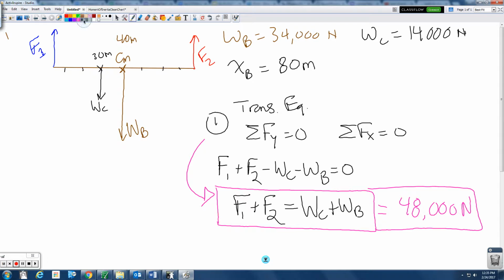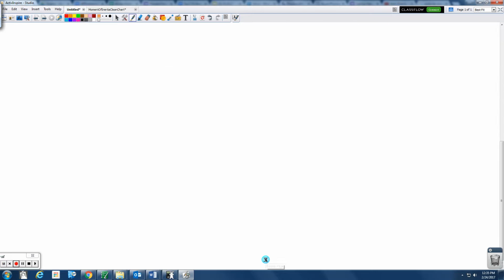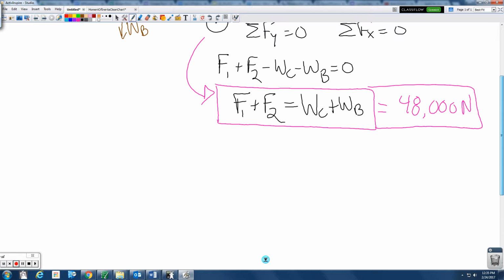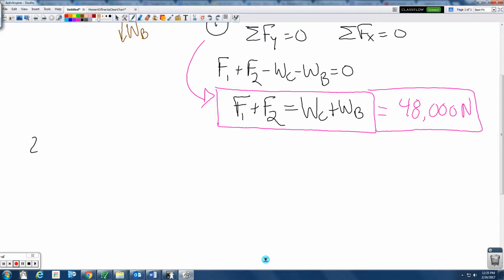Condition 2. We're going to look at the sum of our external torques when analyzing rotational equilibrium. Rotational equilibrium: the sum of the external torques should be 0.